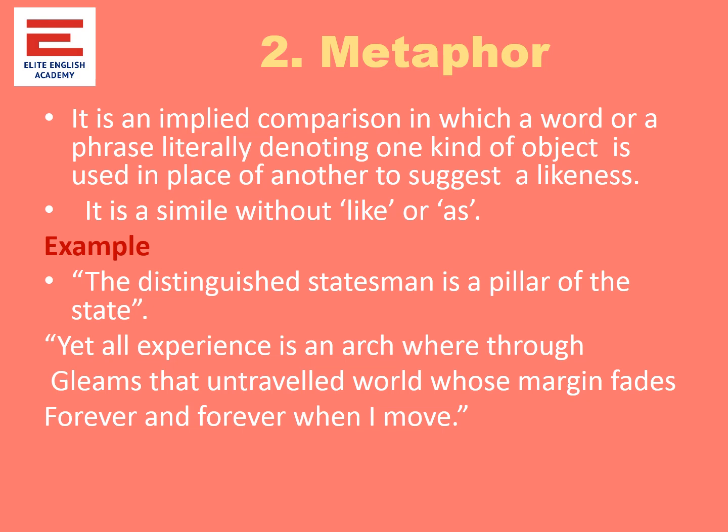So it is also similarities. Look at the sentence: The distinguished statesman is a pillar of the state. So here this particular sentence compares this statesman, this important VIP, to a pillar. But at the same time, there is the absence of the words like and as.